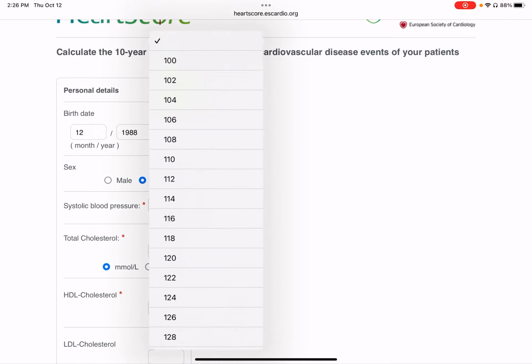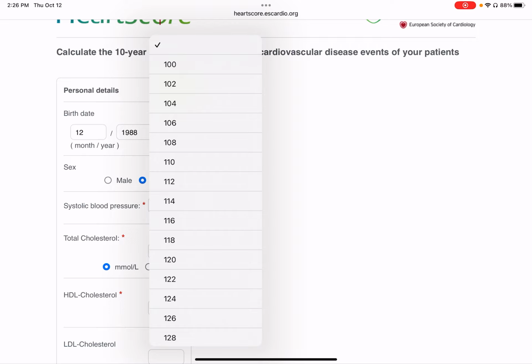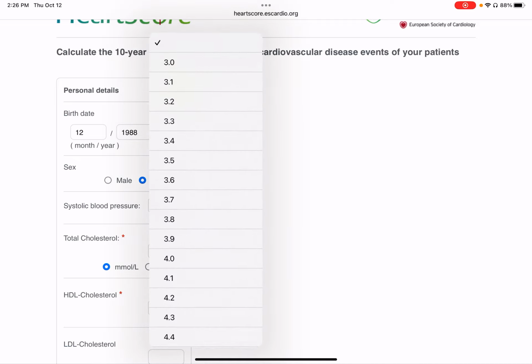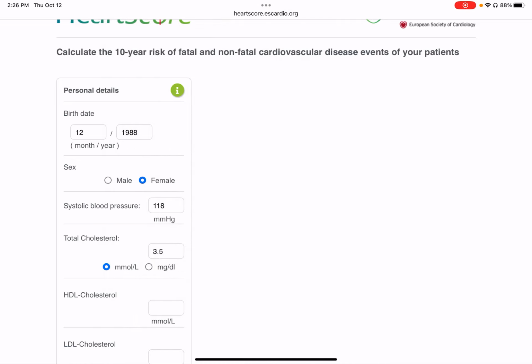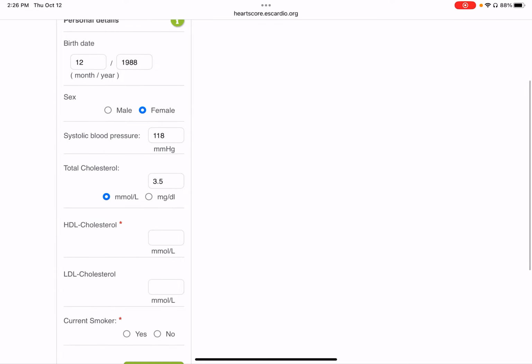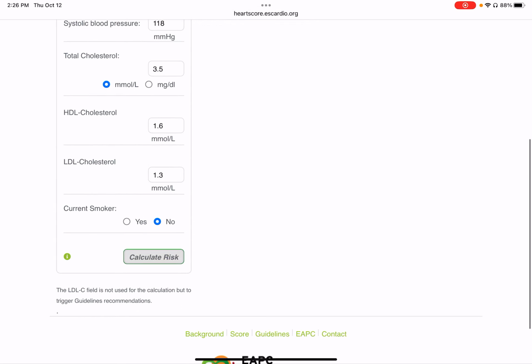Female. I'm not sure what my systolic blood pressure is right this minute, but it's usually hovering around 118. I don't know what my cholesterol is either. I'm just going to guess. But you would know these things, so then you would put them in. And I don't smoke.